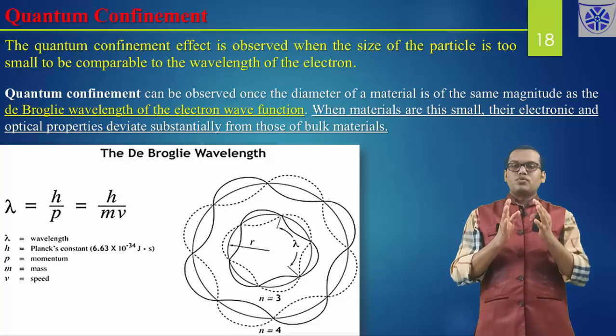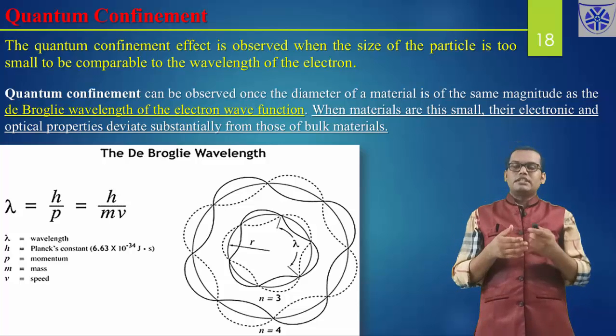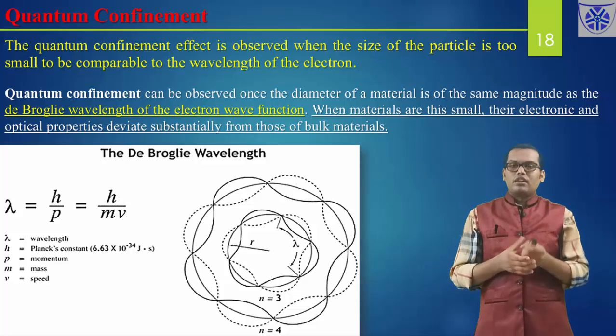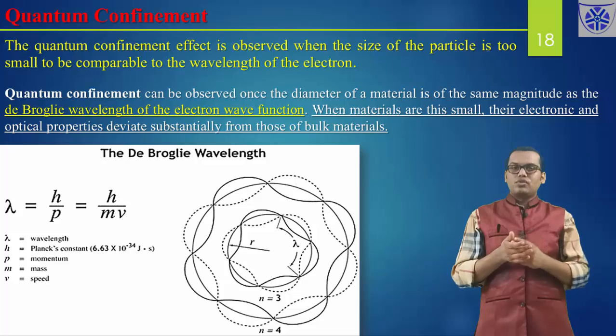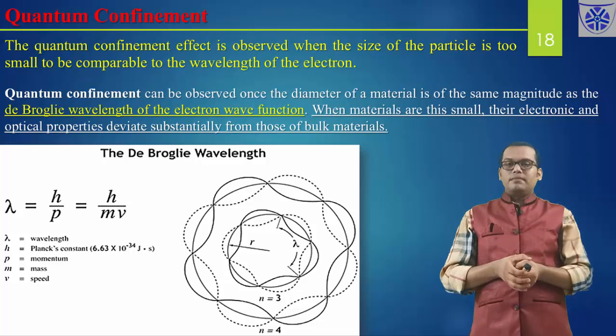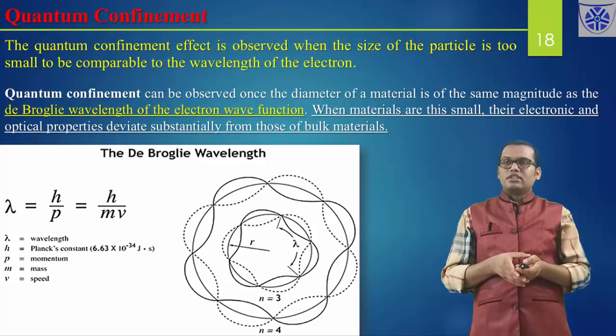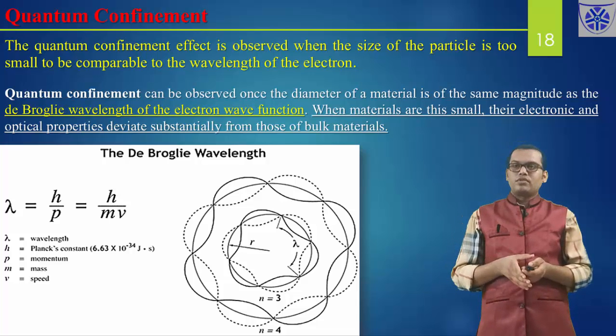Because of that, it shows quantum confinement. I will discuss this more when I get to this topic, as it is a bridge course, so I will not go into much detail. In unit 5 I can explain in more depth and give more examples, and I will show the effect of that.